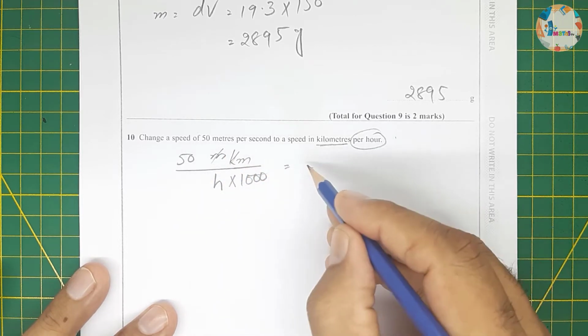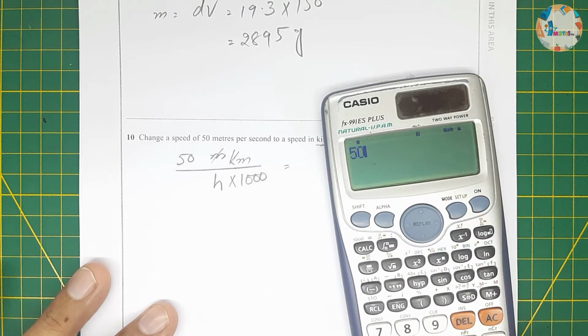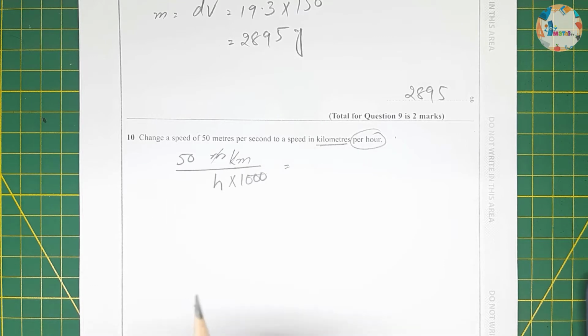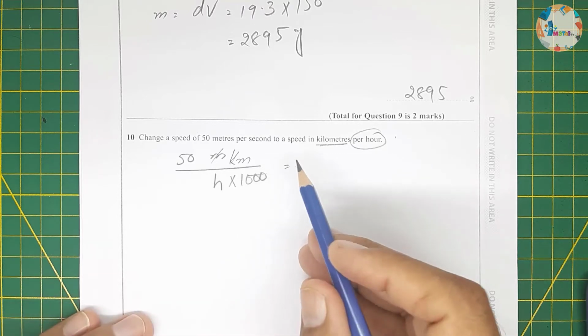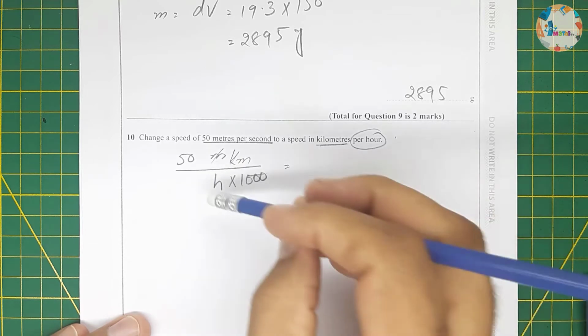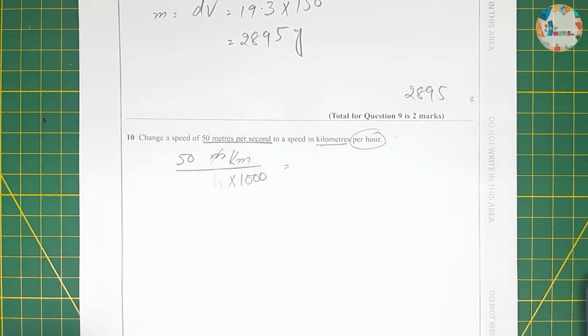So this will be 50 divided by 1000, which gives us 0.05. Sorry, it is 50 meters per second, not per hour. So 50 meters per second will be this one.